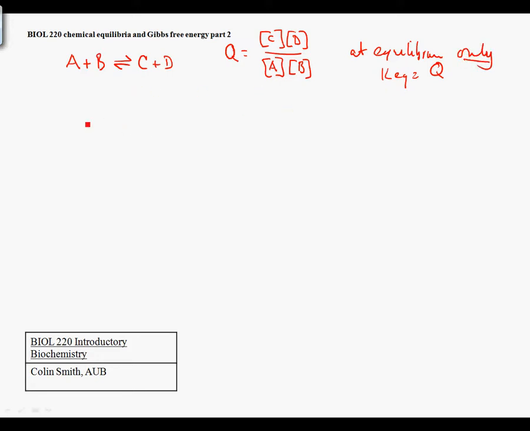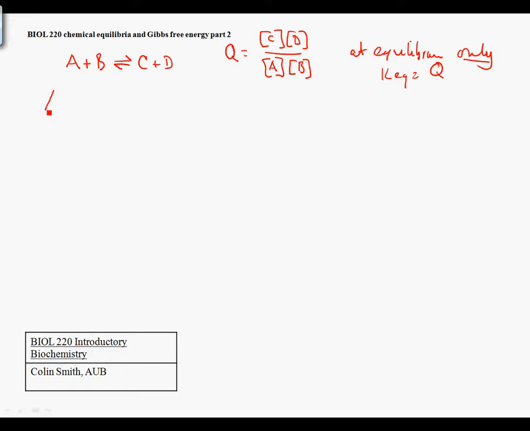We're interested in understanding how to describe not the reversibility, but what determines the balance of this, what determines what the KEQ is in terms of energy, and specifically Gibbs free energy, which is the energy available to work. Gibbs free energy is at constant pressure and temperature, and that's largely true in biological systems, so we tend to use it, and it's very useful.